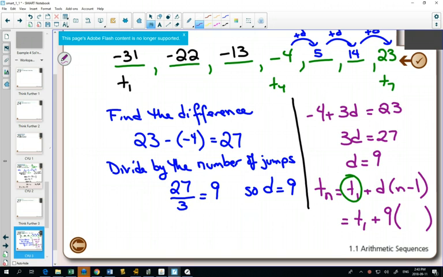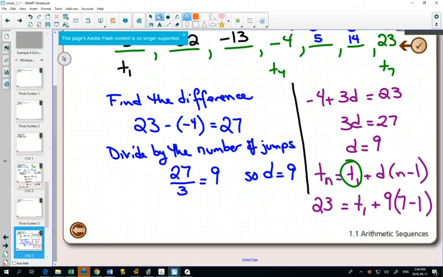Which one do you want to choose, the 23 or the minus 4? 23 because it's positive? Okay. If you choose the 23, you're choosing term 7. So what am I going to put for n? 7 minus 1. Does it make sense what happened there? If you chose minus 4, you would have to use 4 for n.